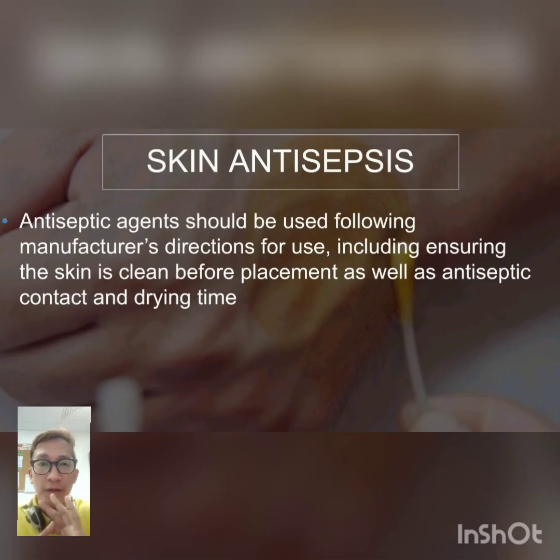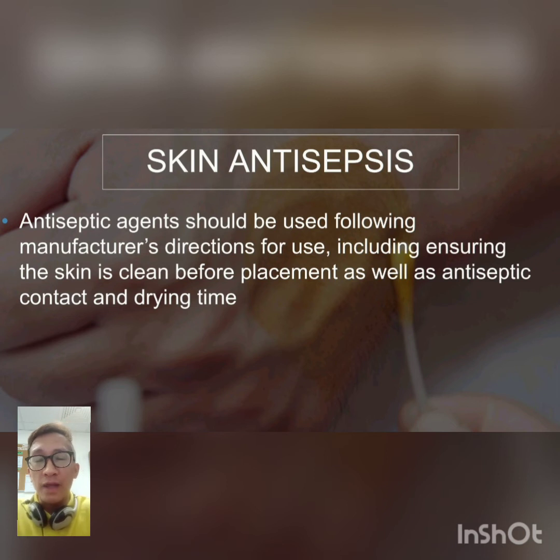The next component of our aseptic technique is skin antisepsis. It is imperative to use the appropriate recommended antiseptic for each procedure type as well as screening for contraindications such as allergies and age limitations. Antiseptic agents should be used following manufacturer's directions for use, including ensuring the skin is clean before placement as well as antiseptic contact and drying time.